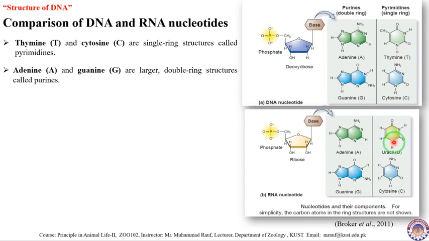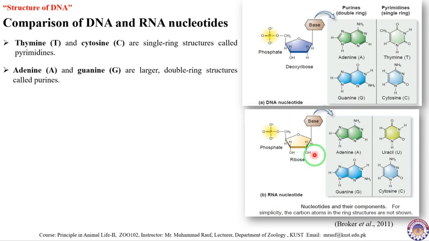The second difference, which determines the longevity of the molecule, is at position 2 of the pentose sugar. You can see here that the DNA nucleotide has no oxygen at position 2 of the pentose sugar. This is the five-carbon pentose sugar of the RNA nucleotide, and you can see here an extra oxygen is present.